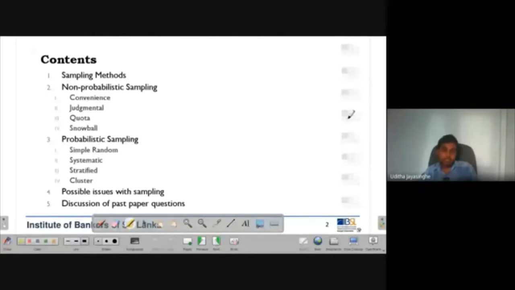But from lesson number 3 onwards, we are going to start with the numerical measures like mode, median, and mean. And then we are going to discuss probability. Those are the instances where you will get interesting numerical questions, where you are going to use the calculator, obviously. So did all of you manage to get a calculator?